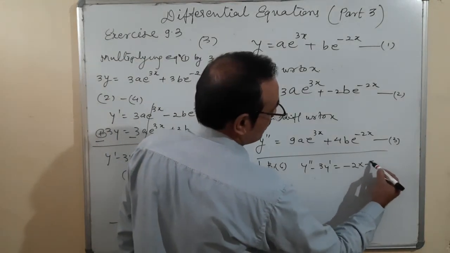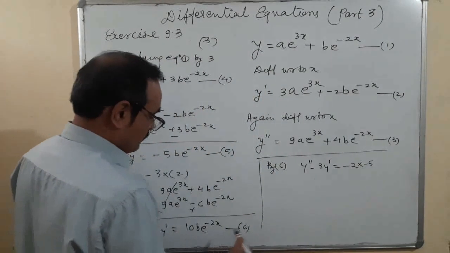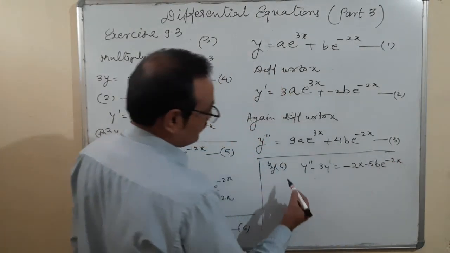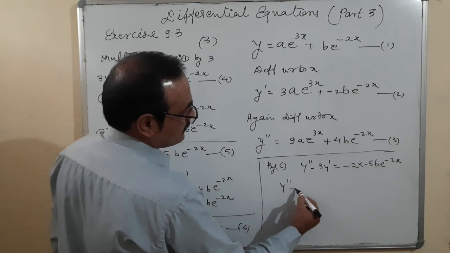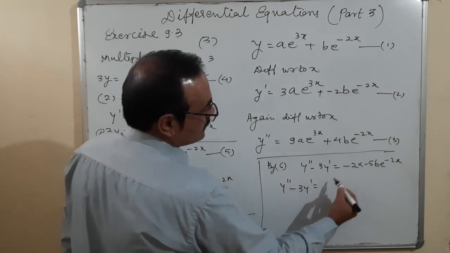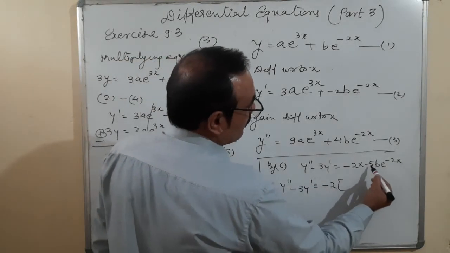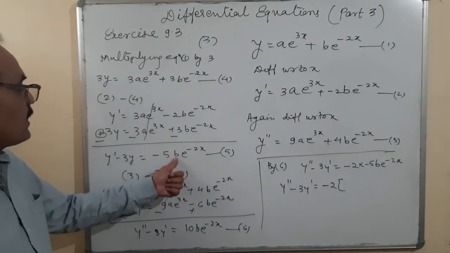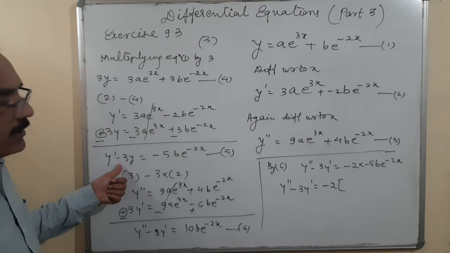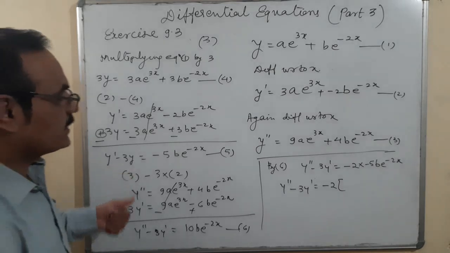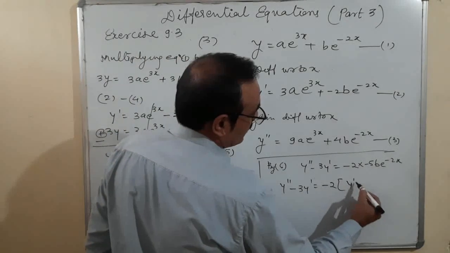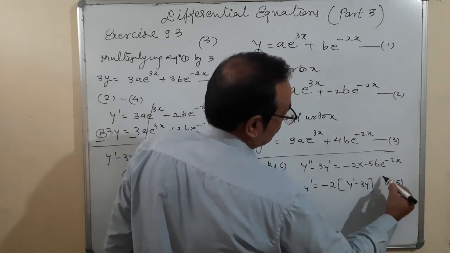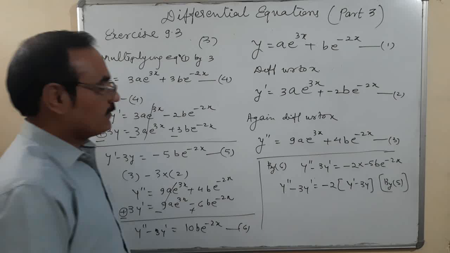So y double dash minus 3y dash is equal to minus 2 times minus 5b e to the power minus 2x, which is equal to minus 2 times (y dash minus 3y), by equation number 5. Is it okay? Can it be done?